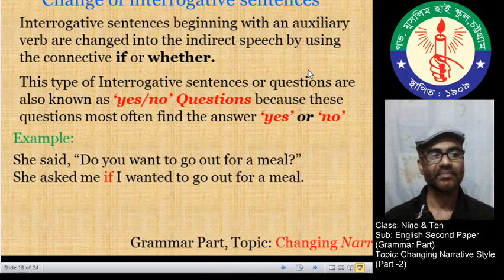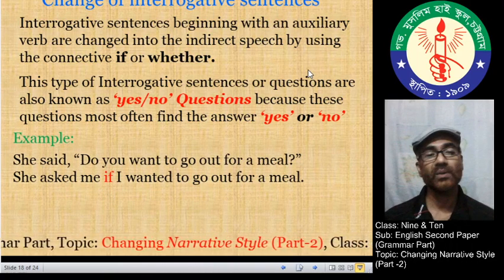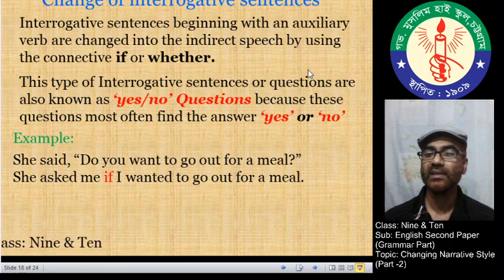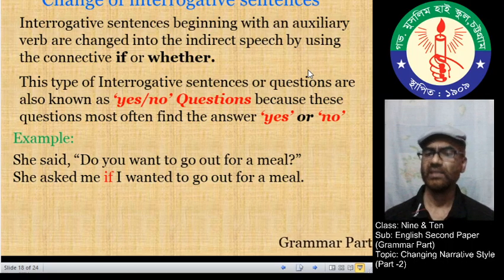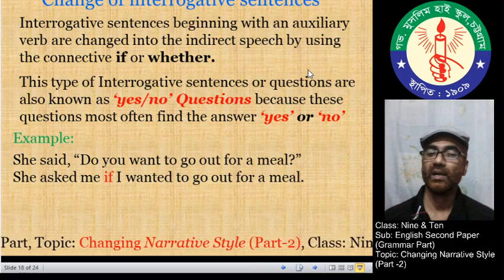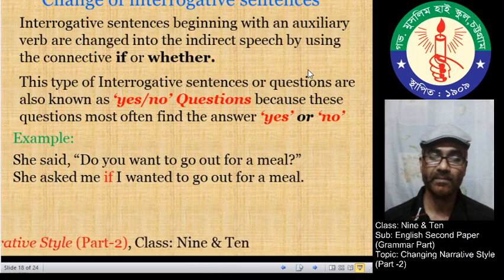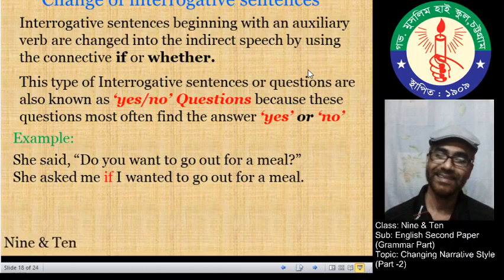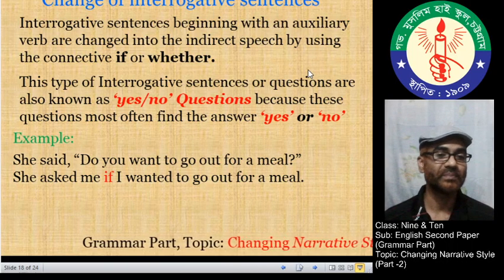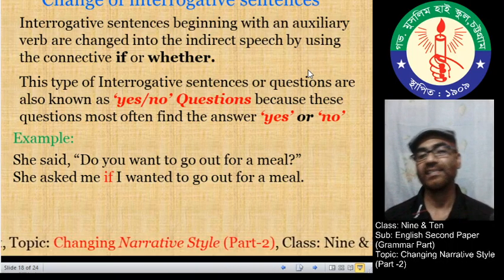Let's see. She said, "Do you want to go out for a meal?" I think if I asked you, "Do you want to go out for a meal?" you will say, "Yes, I want to go out for a meal," or you may say, "No, I don't want to go out for a meal." So the answer is sometimes yes or sometimes no. That's why they can be called yes-no questions.